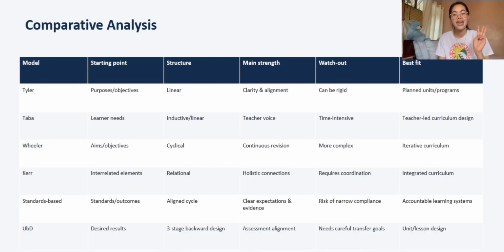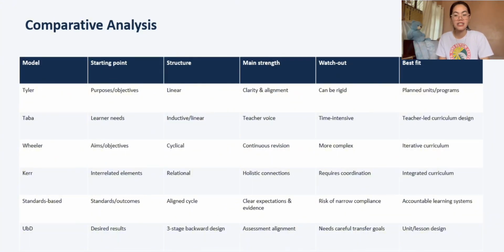Wheeler's model emphasizes a continuous cycle. Keir's model emphasizes the relationship among different curriculum elements. We also discussed understanding by design, process models, and system approaches. But most important, we explored the standard-based curriculum development model.